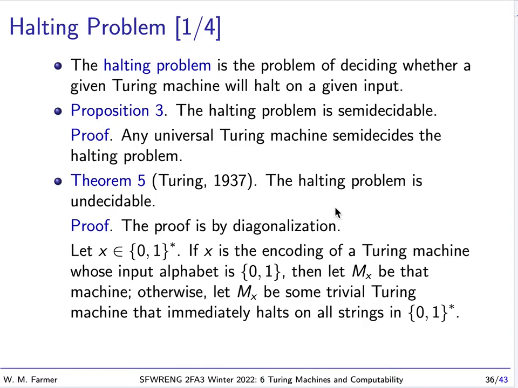So the halting problem is undecidable, and we're going to show this by diagonalization. This proof is similar to the proof that we use to show that there are uncountable sets, which is due to Cantor.